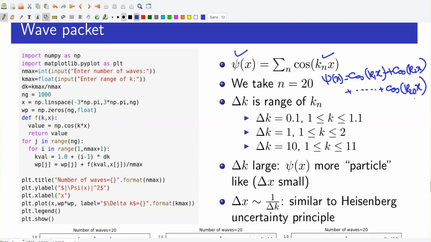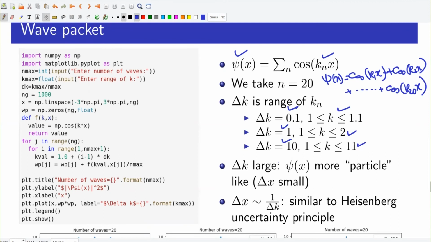We shall vary the range of k values, that is delta k, from 0.1 to 1 to 10. This implies that k values will lie between 1 and 1.1 in the case of delta k equal to 0.1, between 1 and 2 in the case of delta k equal to 1, and between 1 and 11 in the case of delta k equal to 10.